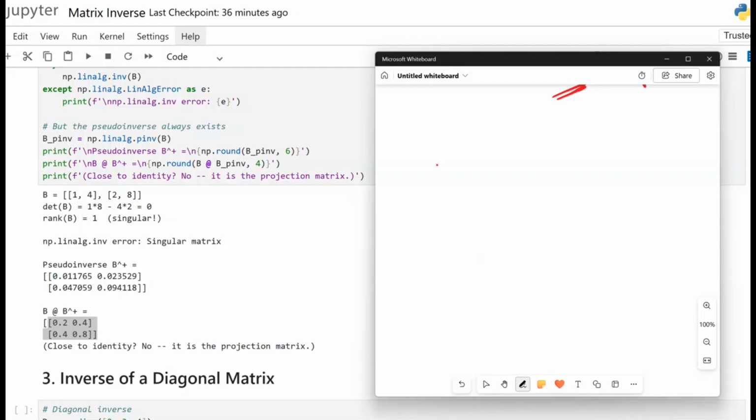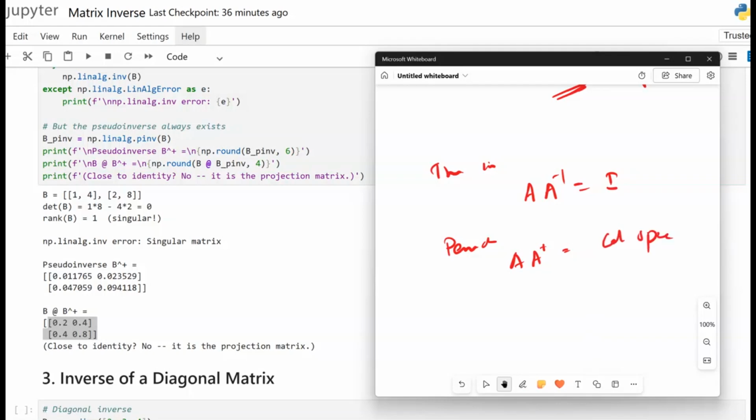So, dear friends, with the true inverse, if it exists, we have already discussed that A multiplied by A inverse is equal to I. But with the pseudo inverse, A multiplied by A plus is a projection on the column space.